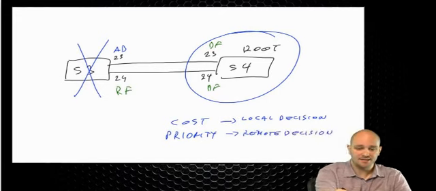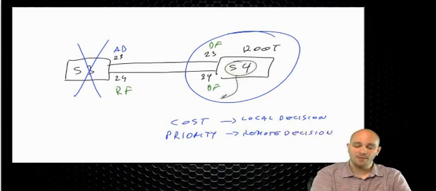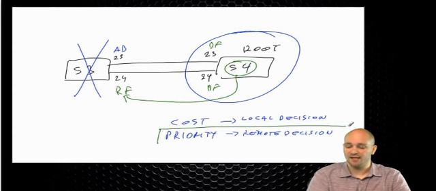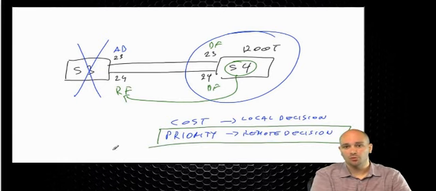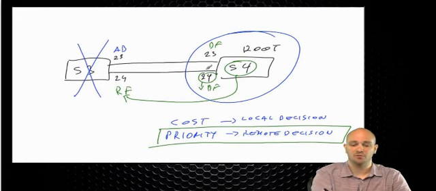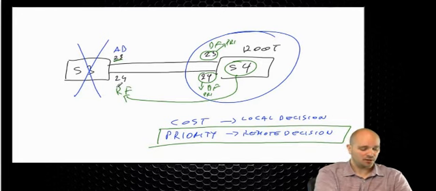So in our case, what we need to do is have switch 4 somehow influence the decision made on switch 3. So the correct solution would be to use the priority on this port here. What we need to do is lower the priority on FastEthernet 24, or increase the priority on FastEthernet 23, to make this port less desirable than this one here. So let me show you this.